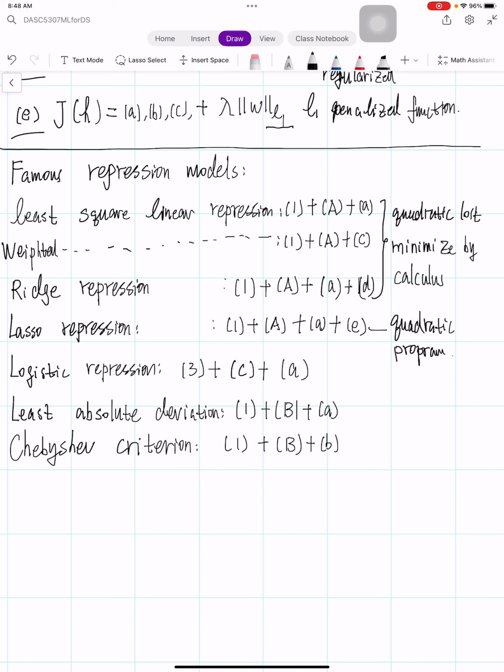To solve the parameters. And for the logistic regression, this gives us a convex cost function, so we're going to use some sort of gradient descent algorithm.